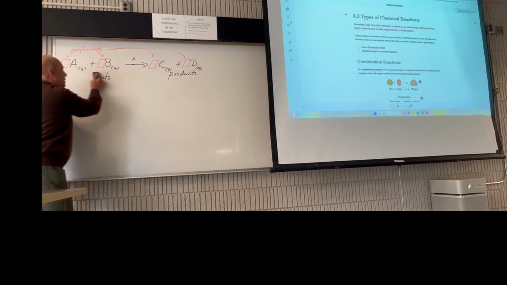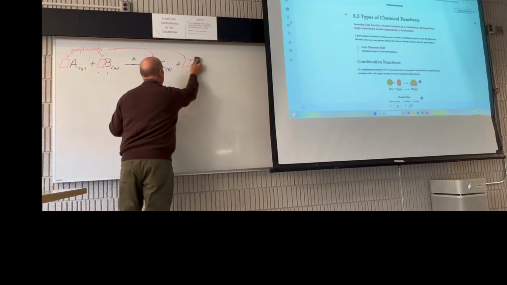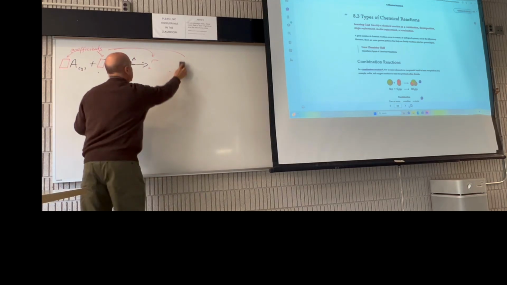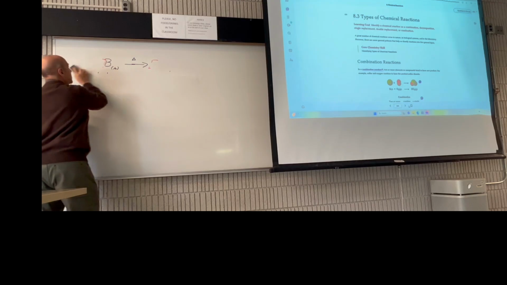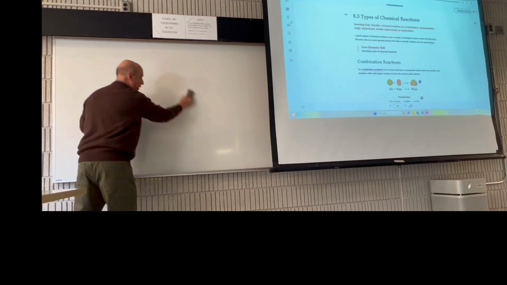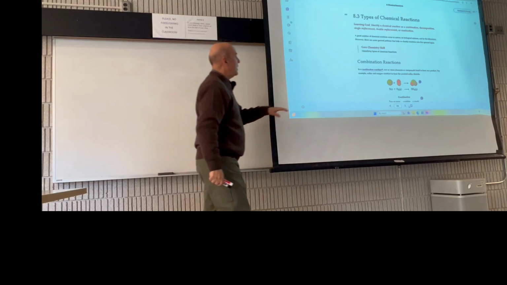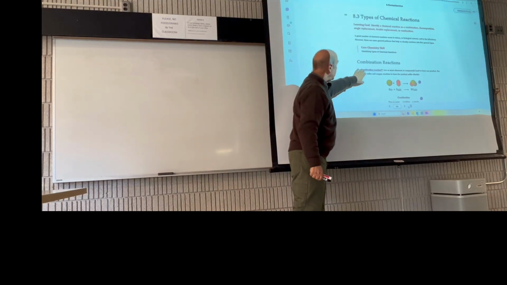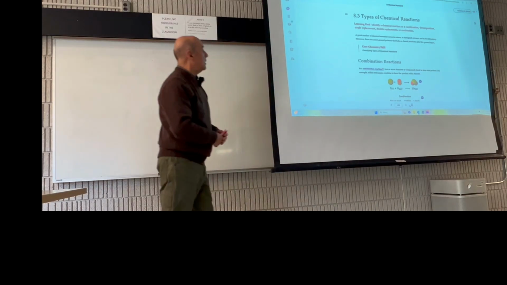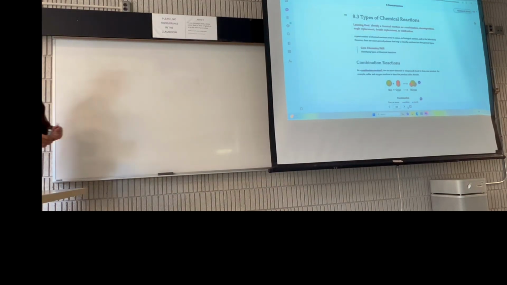So let me see how well this part of the book explains these things so that I don't have to write on the board and we can actually make sense of them. I will be listing them in the order they appear here. So we're going to deal now with the types of chemical reactions that you should be able to recognize. So when you look at chemicals, you should be able to tell which type we are dealing with.